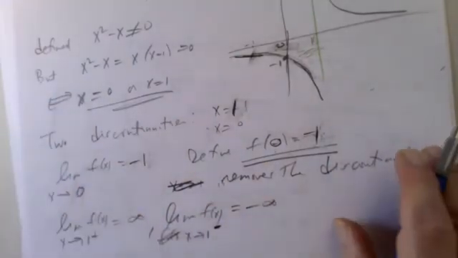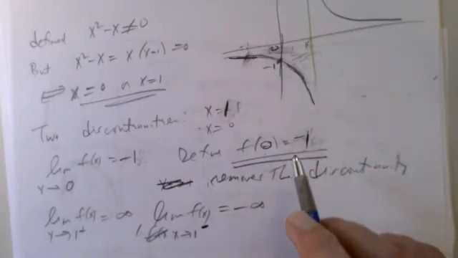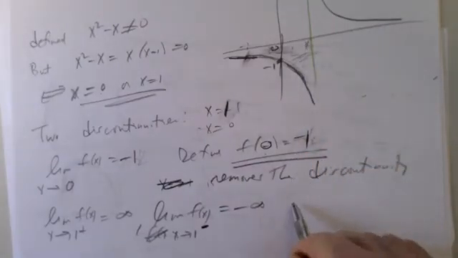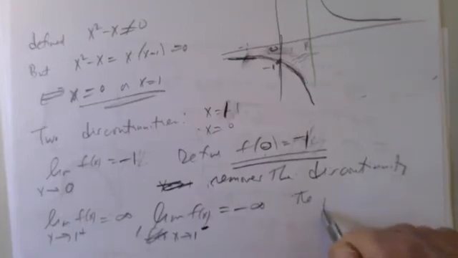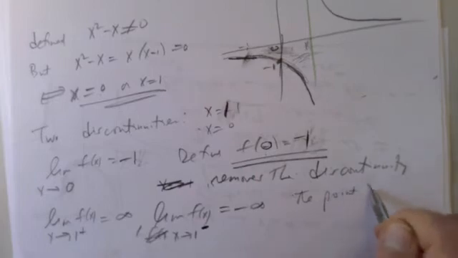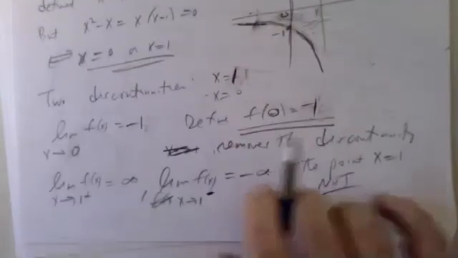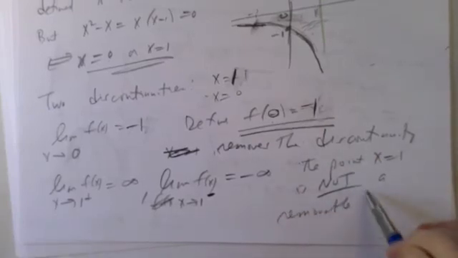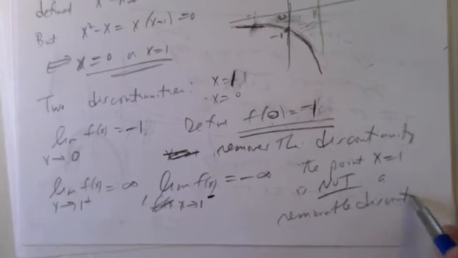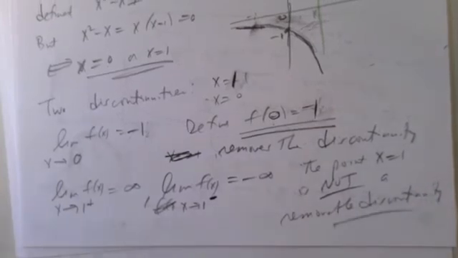There's no way to redefine the function at x equal 1 to get rid of the discontinuity. So the point x equal 1 is not a removable discontinuity.